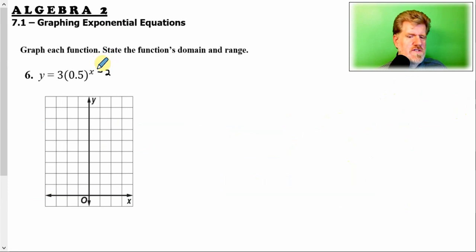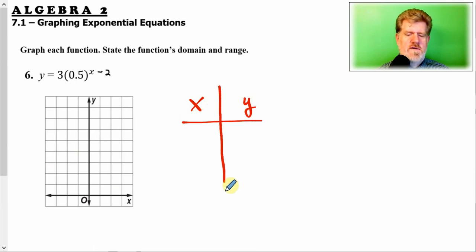Now this -2 is happening just to the x. So what does changing the x value do? Remember on the video? It just moves it left and right. So, again, let's look at a table and see how that works. Now I usually pick 0, but I'm not picking 0 this time. I pick 0 because I like taking things to the 0 power.